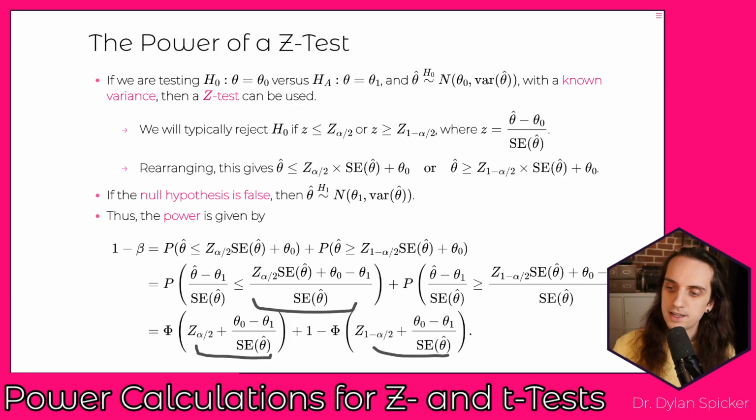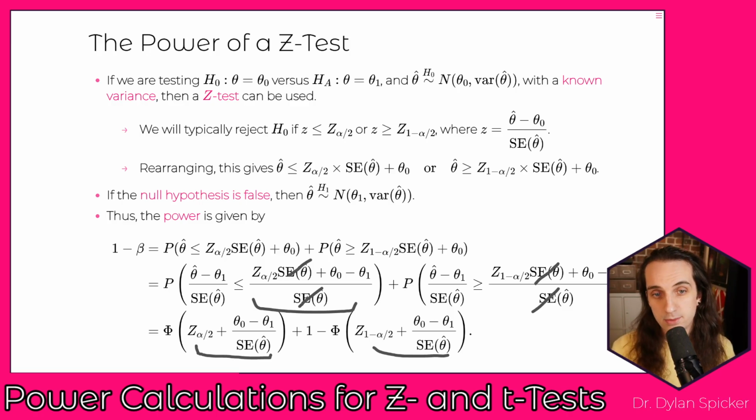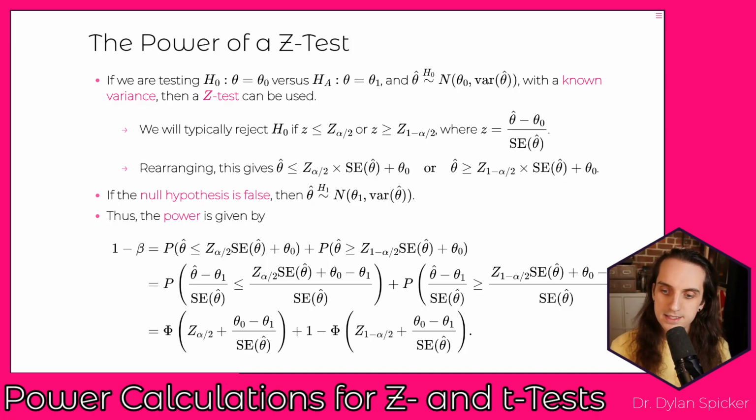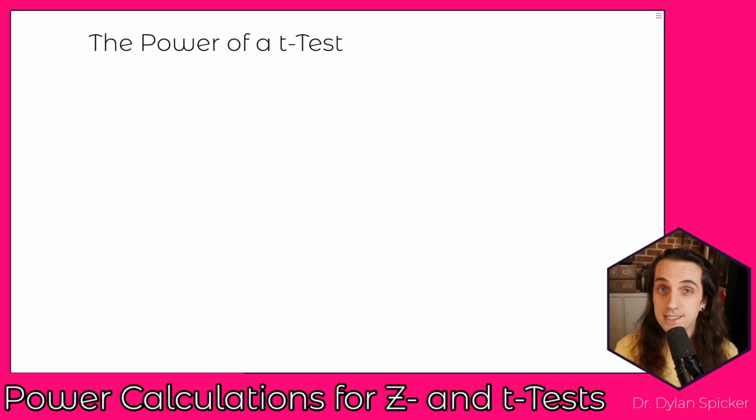And in order to simplify down, all we're noting is that in this case, given the setup that we have here, the standard errors can cancel each other out. And so that's how we get there. And ultimately, what we're going to say is that the power here can then be calculated as the summation of two different normal probabilities.